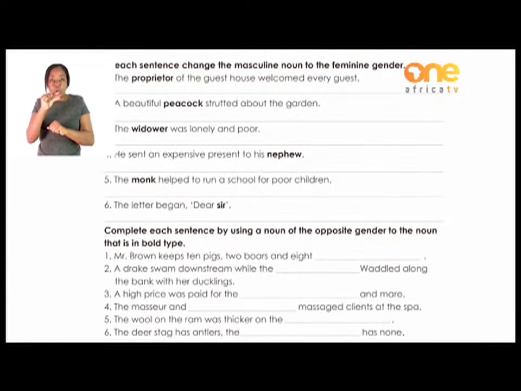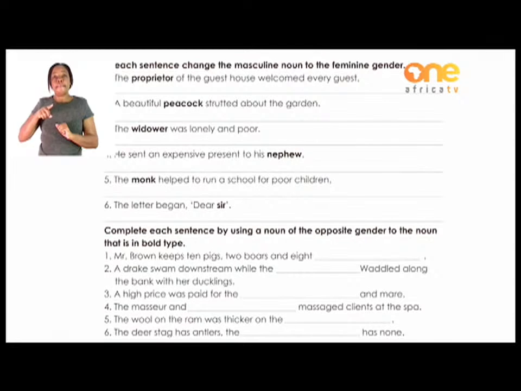The words which are in bold represent genders, and you have to change that gender to the opposite gender. So, for example, in each sentence, change the masculine. Remember the masculine? These are boys, the boy side. Change the masculine noun to the feminine gender. The feminine is a female, the girl side.